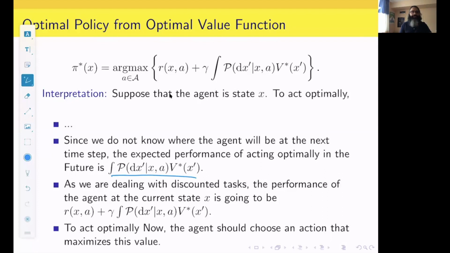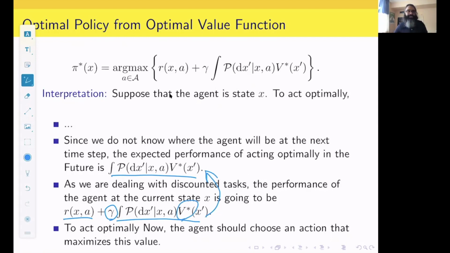The performance criteria was based on discounted tasks. So the performance would be the reward that we get at this time plus gamma times the expected value that we get at the next time. So the performance criteria would be R of X and A plus gamma times this quantity that we have there. The expected value at the next time step, because we assume it is optimal, is going to be V star here.